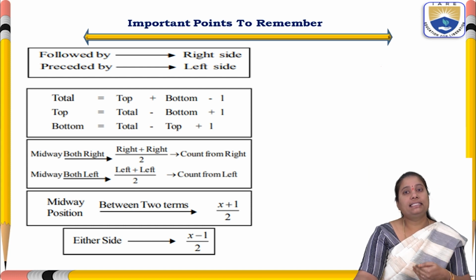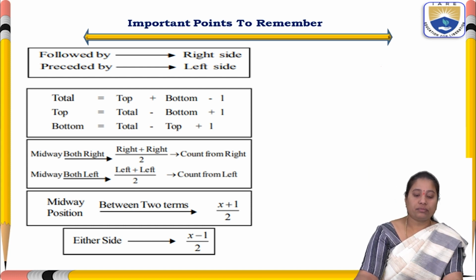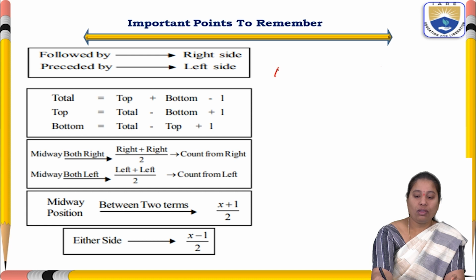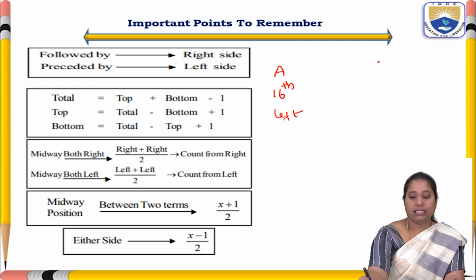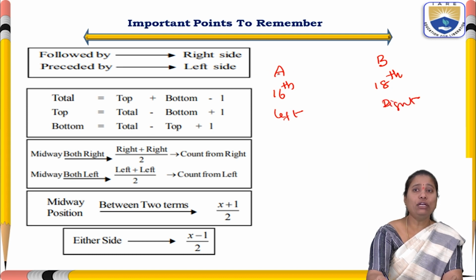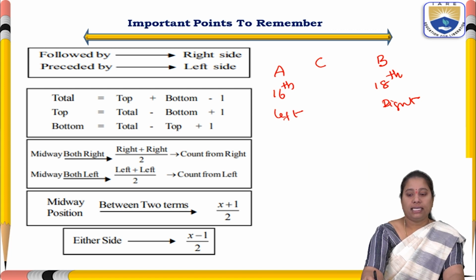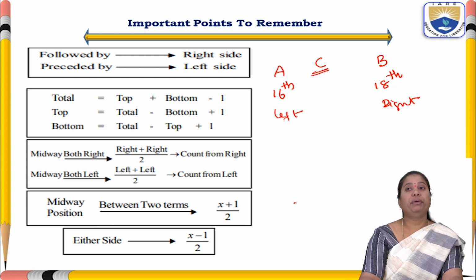And the next important point is midway, both the rights or both the lefts. For example, A is 16th person from the left and B is 18th position from the right. In the middle of these two people, C is there. Then the calculation of C's position is called midway.